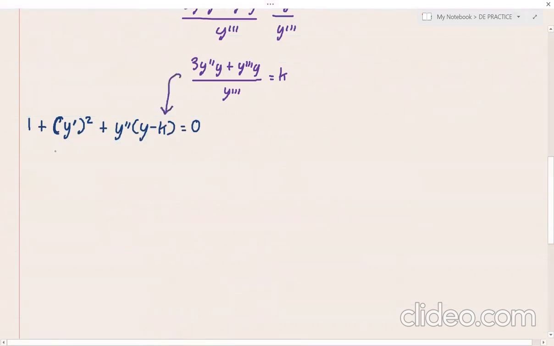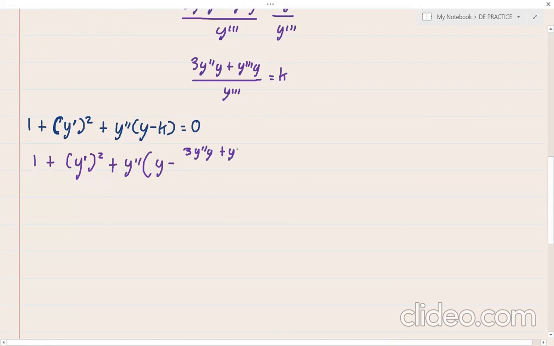Okay, sa third equation. So, we will have 1 plus y prime squared times y second prime... plus y second prime times quantity y minus yung k mo, which is 3 times y second prime times y prime plus y third prime times y all over y third prime is equal to 0.